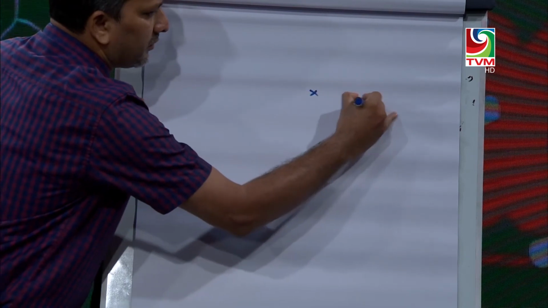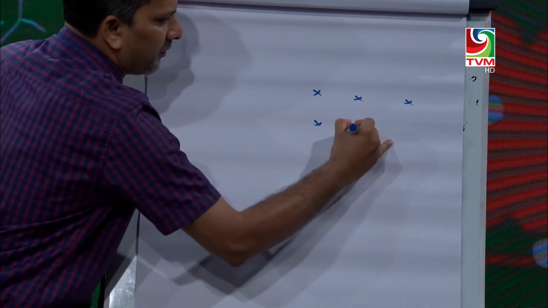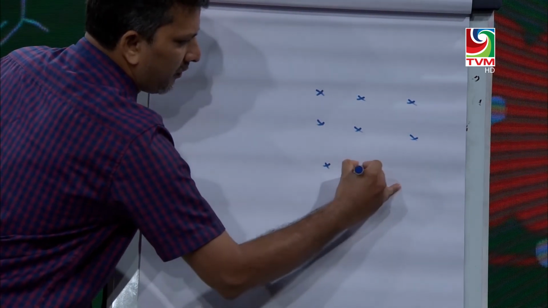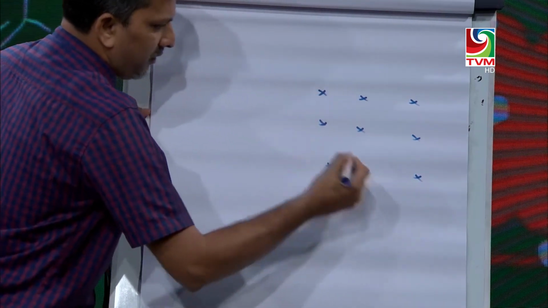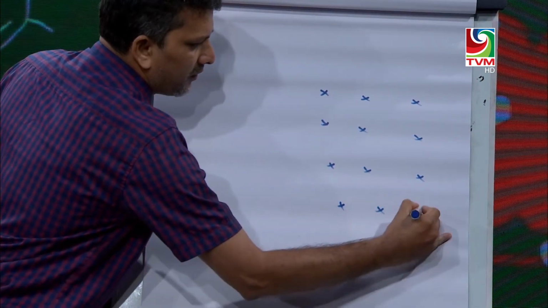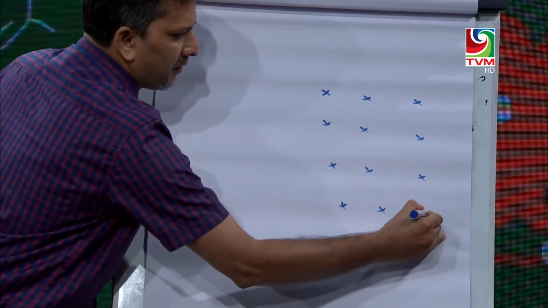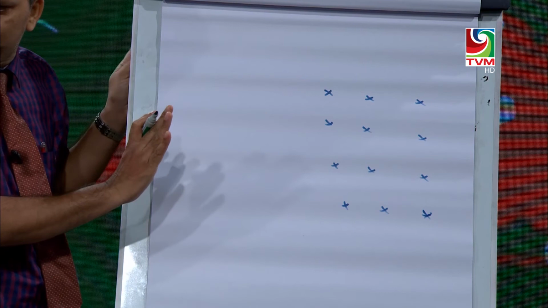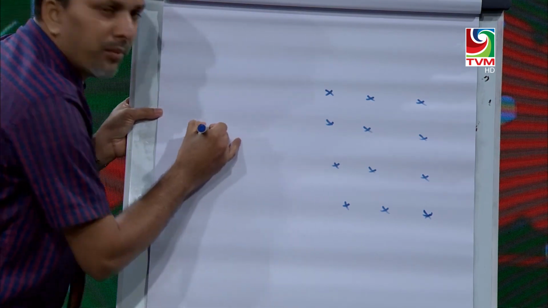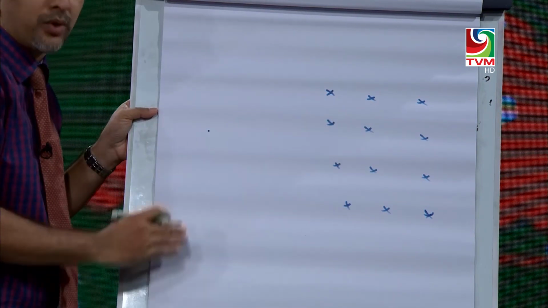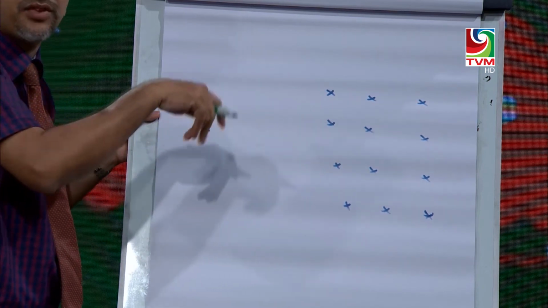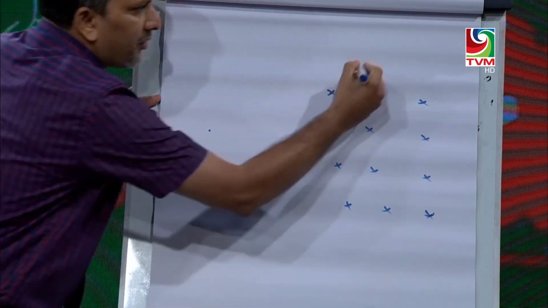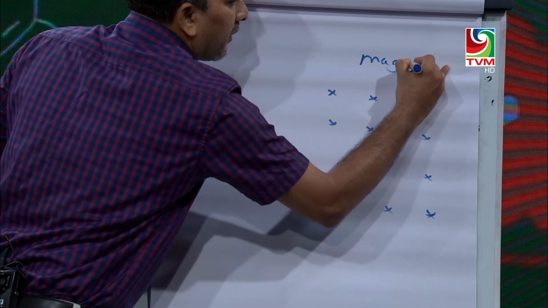Beta particle, alpha particle, anything would be fine. For example, one beta particle is going into a magnetic field that is into the page.